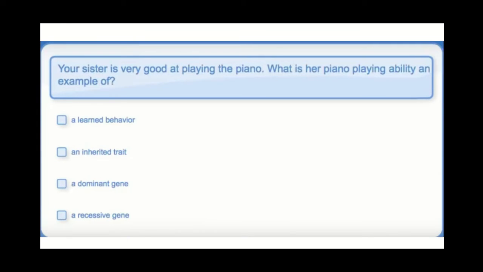Your sister is very good in playing piano. What is her piano play ability an example of? So she can play piano very well, and she really has the ability for music. So where does it come from? Is it a learned behavior? Is it an inherited trait, a dominant gene, or a recessive gene?